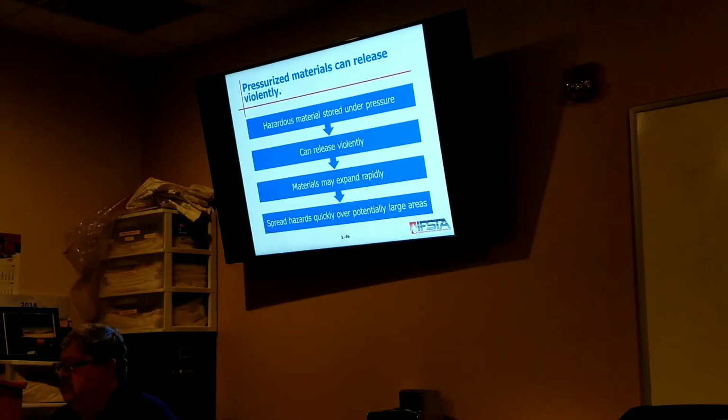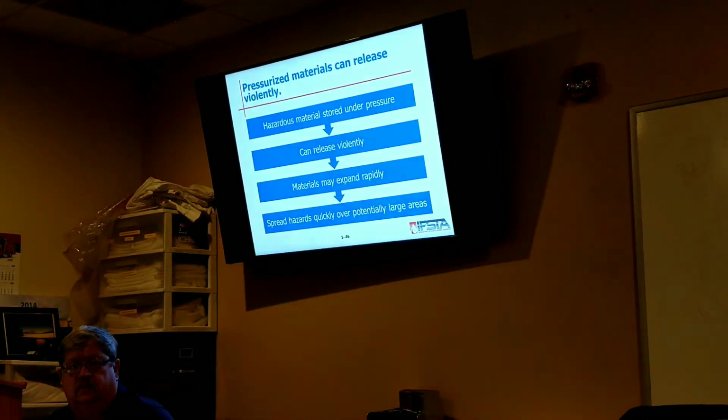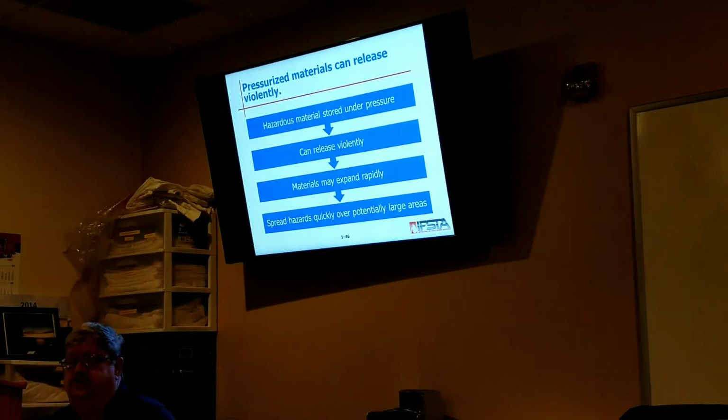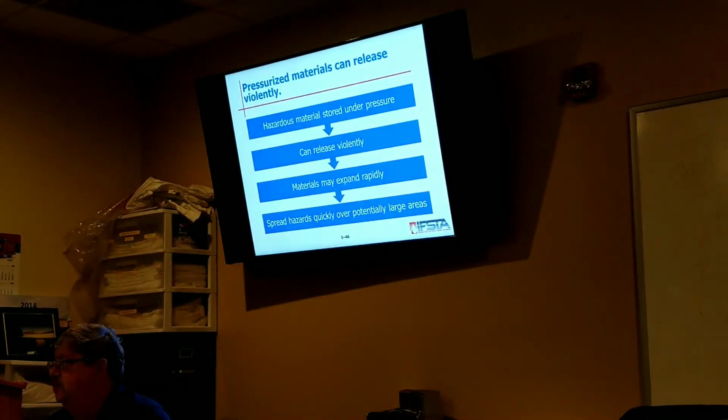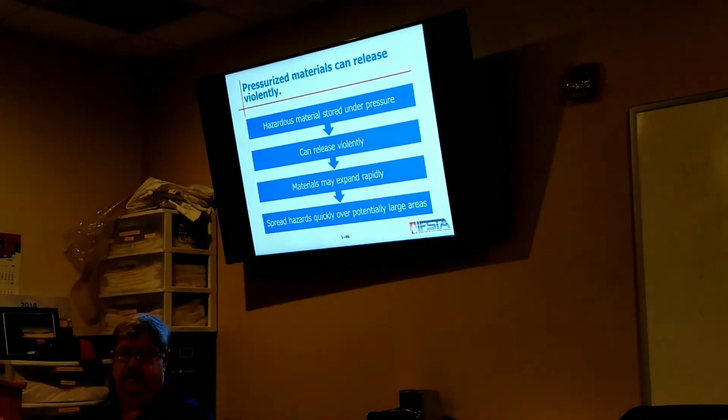Pressurized materials: a lot of hazardous materials are stored under pressure. How can we tell what tank is under pressure? By its shape. What's different with their shape? What's a propane tank look like? Cylinder. Well, the bigger ones, they're always rounded on the ends.